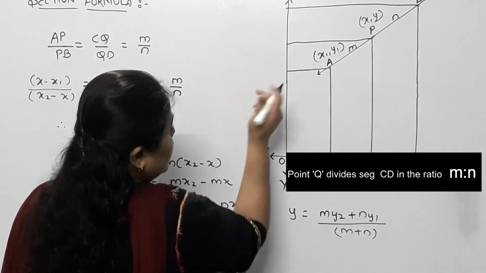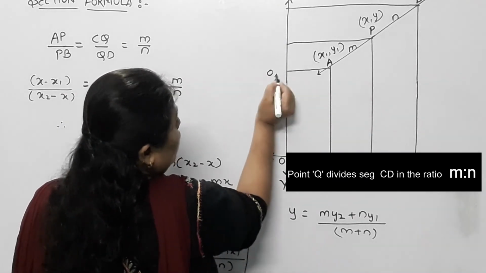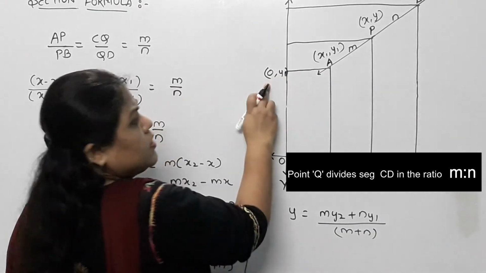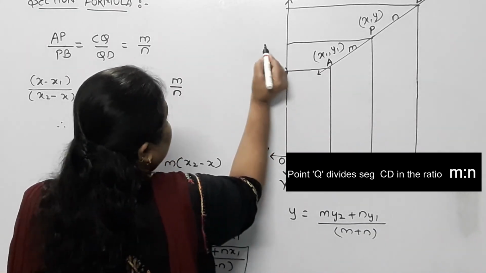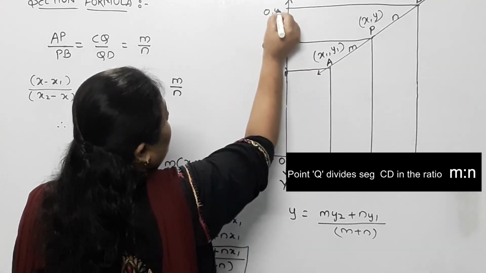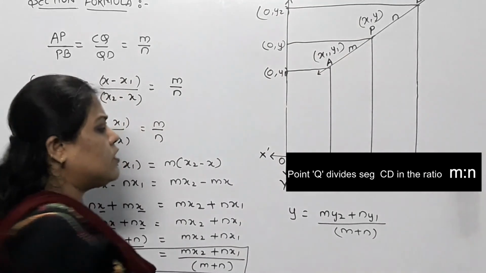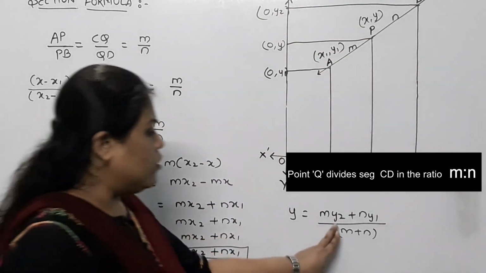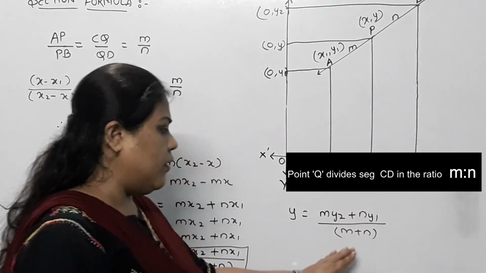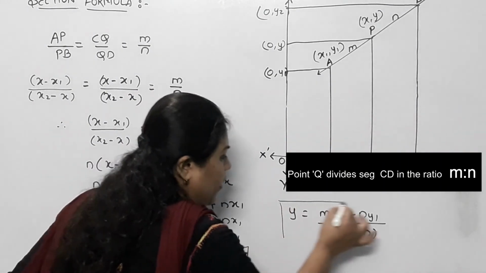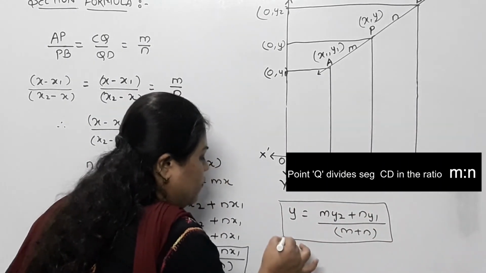You can see here, it will be 0, y1, then 0 and y, and here 0, y2. If you substitute like this in the ratio, you will get y equals my2 plus ny1 upon m plus n. Okay. So here we have derived our section formula.